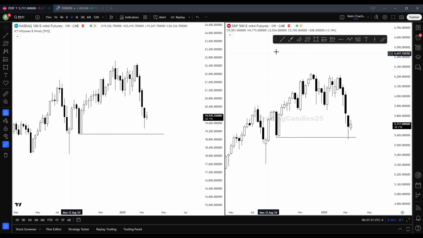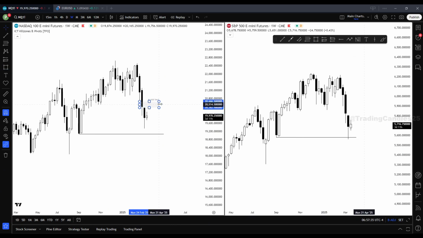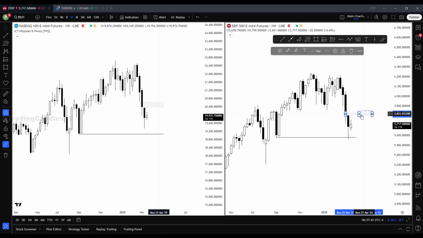At the same time, we can see that on NQ, we have this weekly fair value gap sitting right above, while ES has this volume imbalance and then this fair value gap.